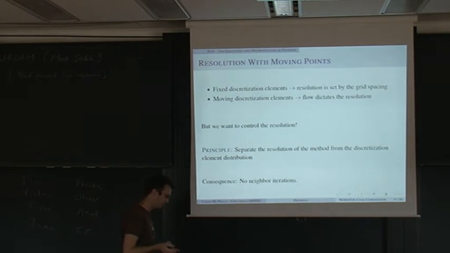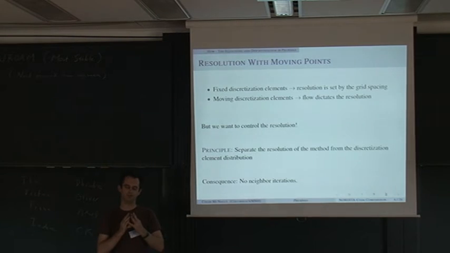If you let those things move, then all of a sudden the evolution of the flow in the past is going to determine what your resolution is going to be. If you want to have an adaptive code, you want to be able to say what the resolution will be at any given time. So what you need to do is separate the resolution from the distribution of discretization elements.